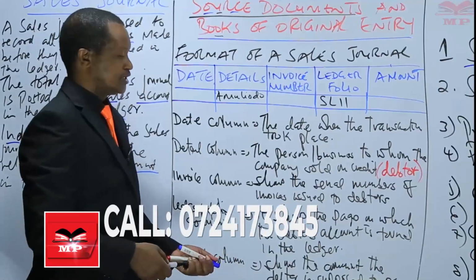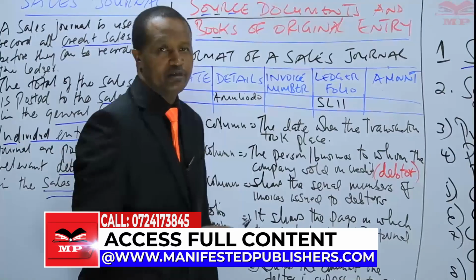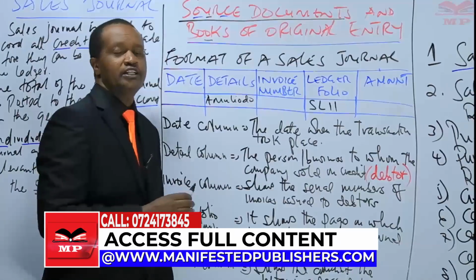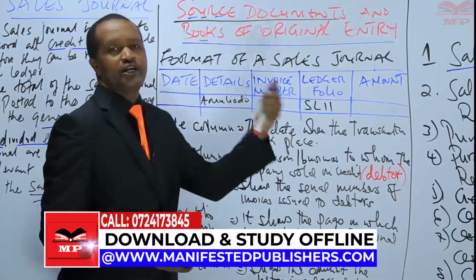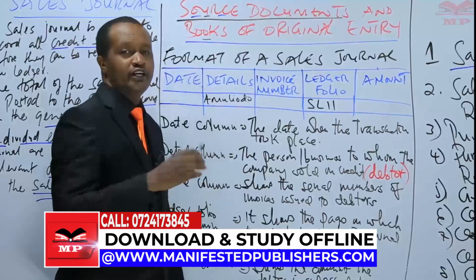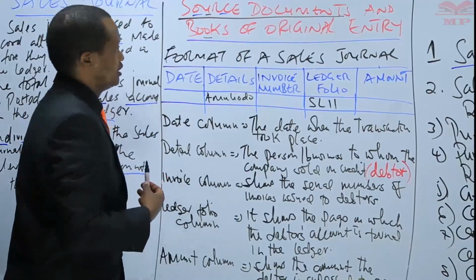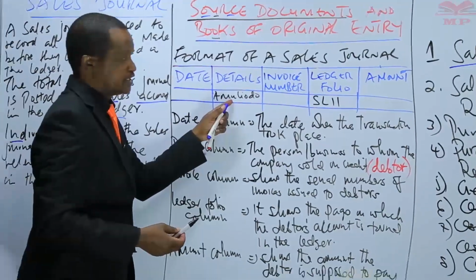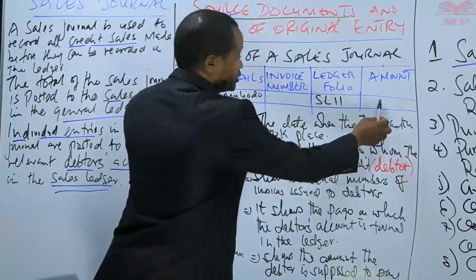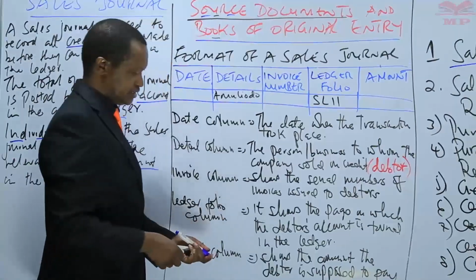And that amount that the debtor has to pay is shown in an invoice. Remember, we said an invoice is a source document that is issued from the seller to the buyer, informing the buyer of the amount that he is supposed to pay. So the sales journal will show the name of the debtors and also the amounts that the debtors are supposed to pay the business.